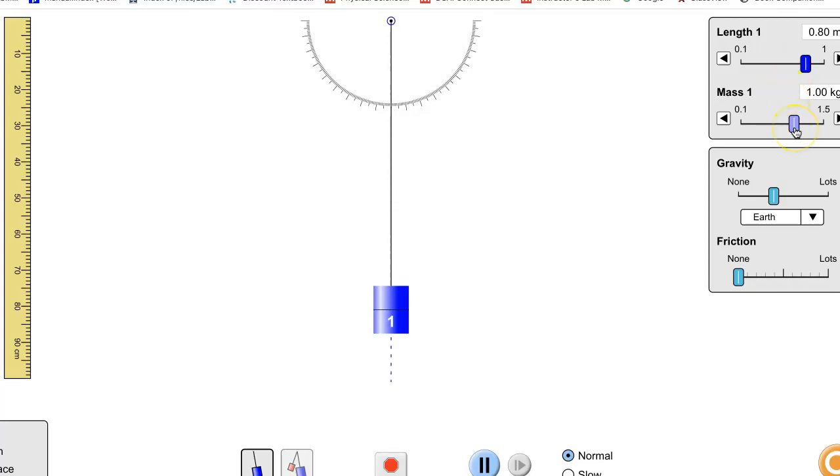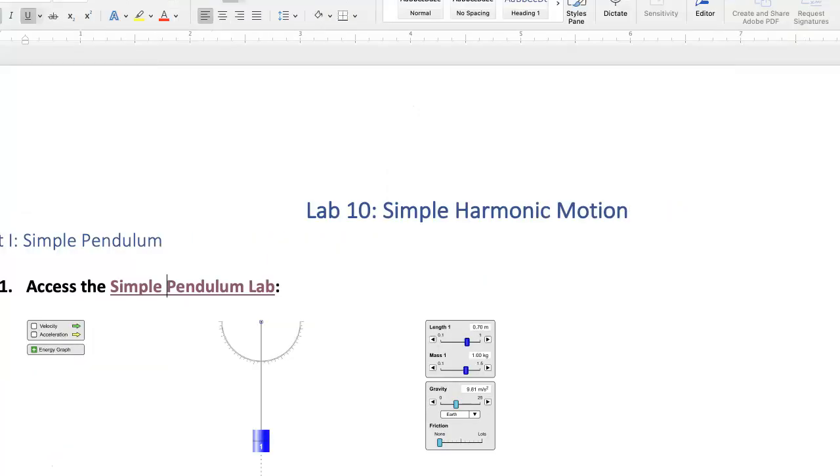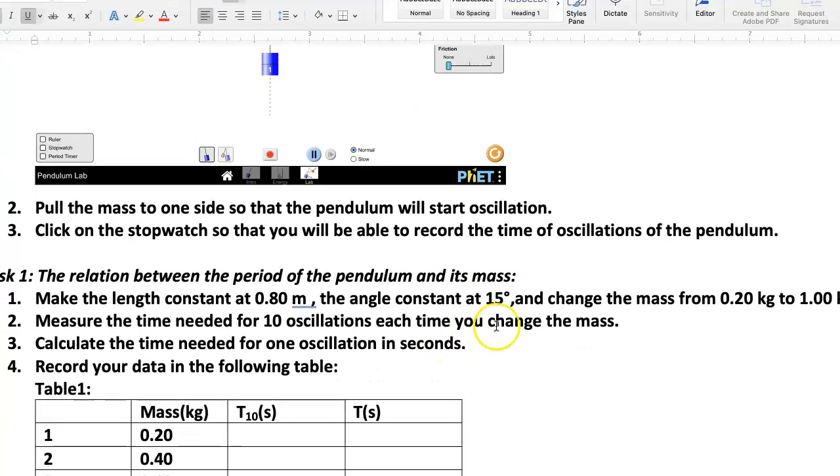And now for the mass, I believe I'm using 0.6. Let me check here. Okay, I have 0.8 for the length. The angle is constant at 15. The first task, we're going to change the mass, and the angle should be constant at 15 degrees.